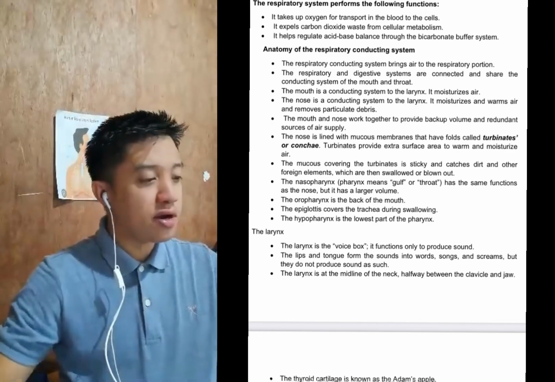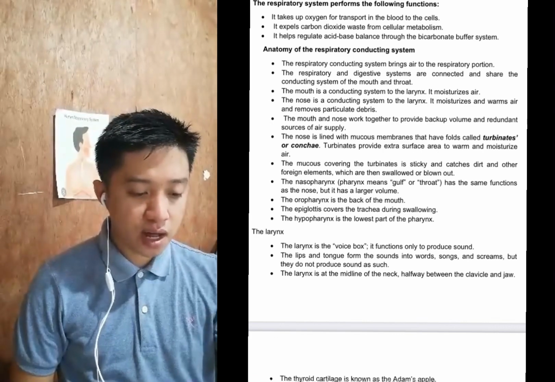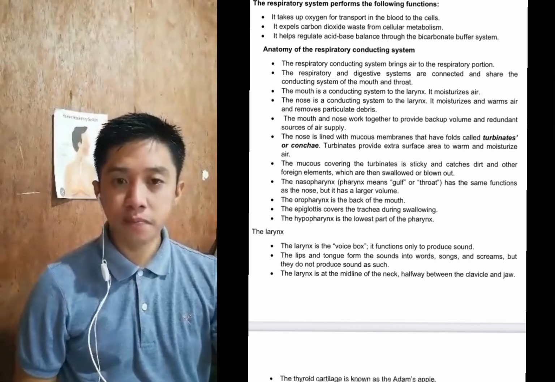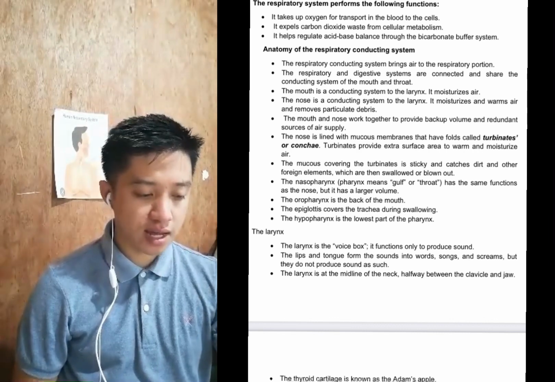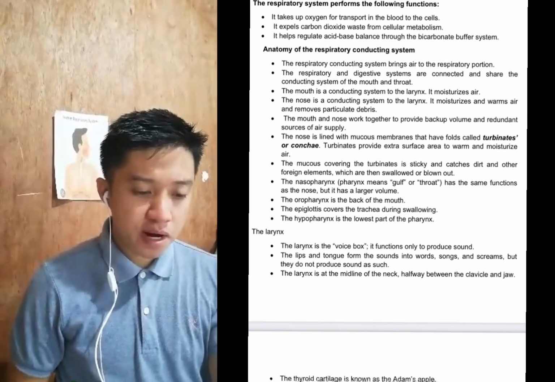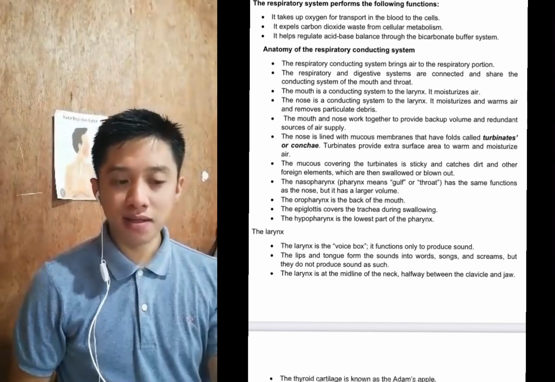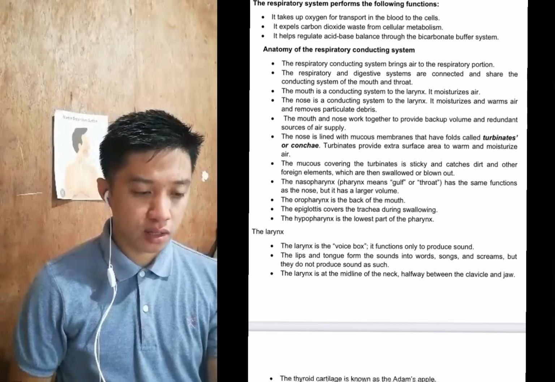Mucosa, another name for mucous membrane, lines the inside of organs and cavities throughout our body that are exposed to particles from the outside. The mucus covering the turbinates is sticky and catches dirt and other foreign elements, which are swallowed or blown out.